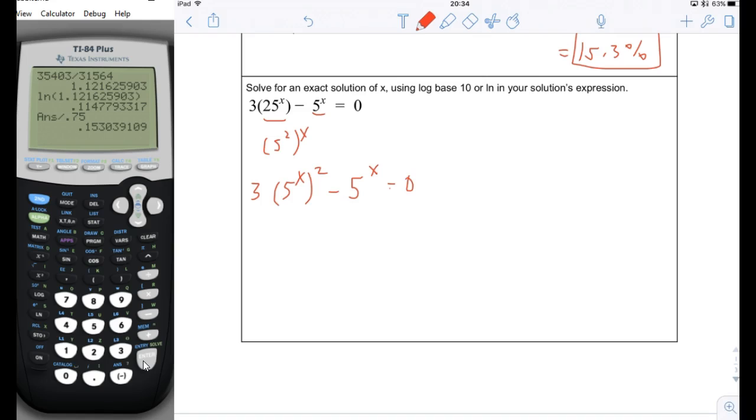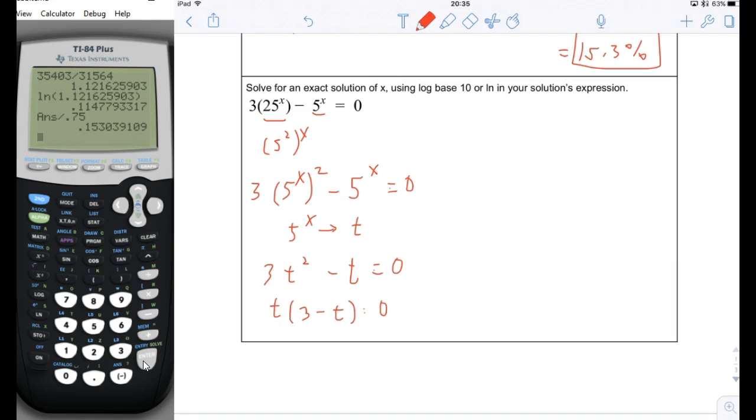Once we have it written like this, we are going to make it a little bit easier to factor by taking our 5 to the x's and replacing them with t's. Then we'll have 3t squared minus t, and then we'll factor.